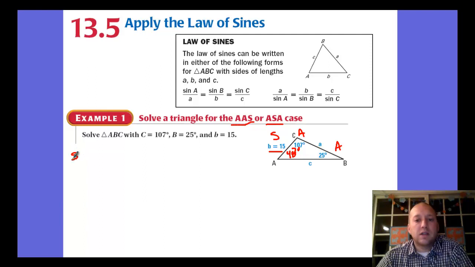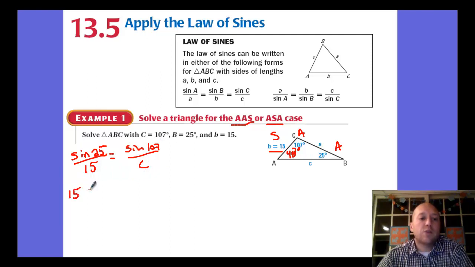We can say the sine of a given angle, 25, over the side opposite, 15, equals the sine of another angle we know, 107, divided by the side opposite, c, and we can cross multiply to solve.